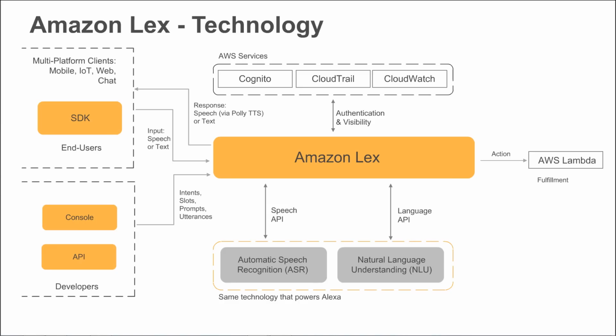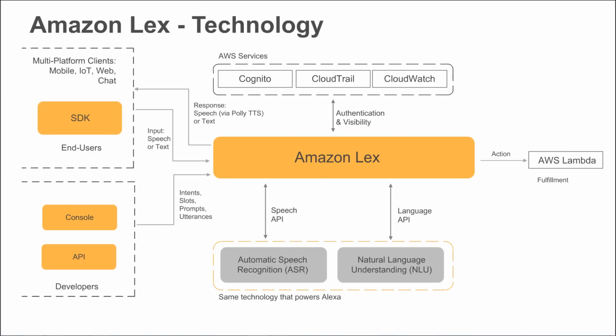We, of course, use speech recognition and natural language technology provided by Alexa in order to understand what the customer is saying and figure out what the intent of that text is. And then we integrate Lambda in order to fulfill the action the customer wants to perform.